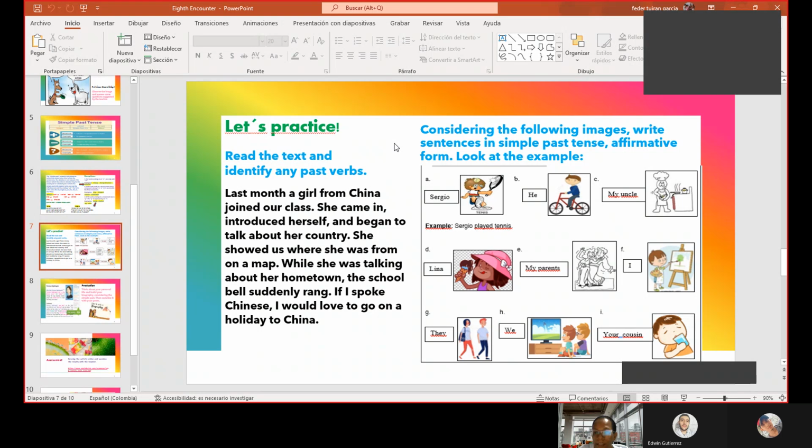Join it. Yes, join it. For example, you say that maybe when verbs finish in ed, you can differentiate when you listen. Is that the question?